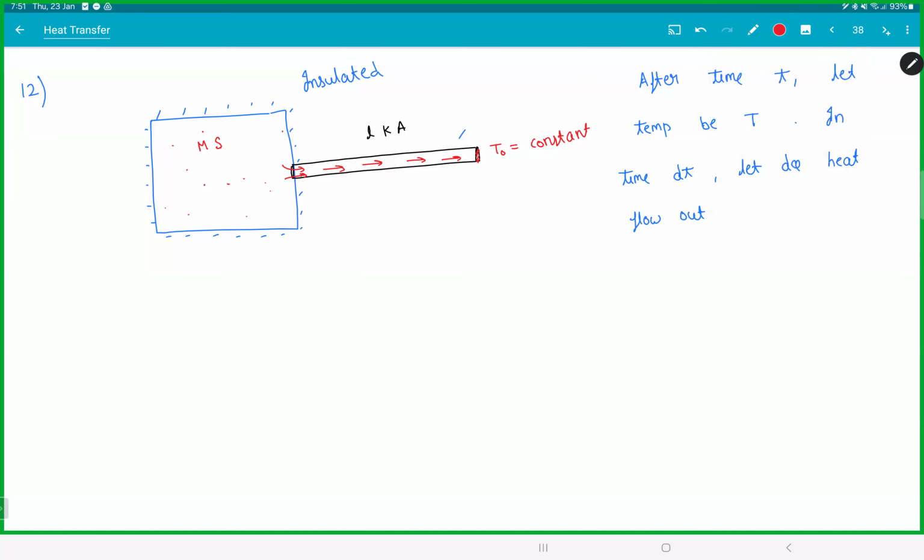So here dq heat is flowing out. Agreed? Now from calorimetry, what is dq? dq is equal to m into s into minus dT. Why minus? Temperature is decreasing.